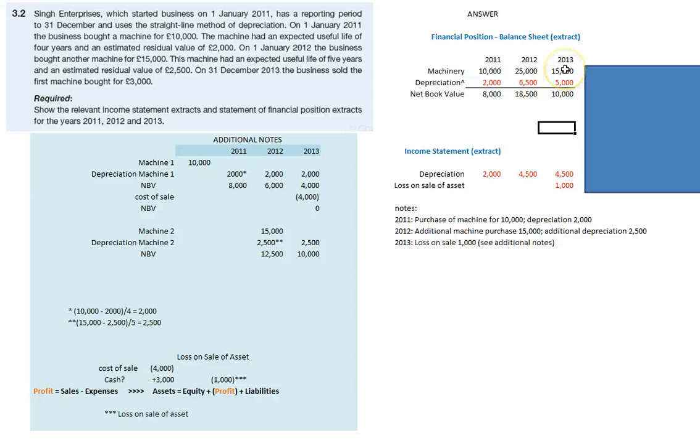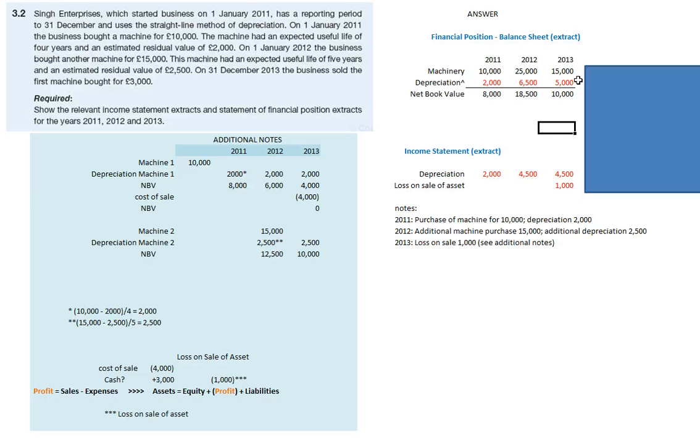What have we got at the end of 2013? We have our machine 2 at 15,000, and we have the depreciation on machine 2. We've got rid of machine 1. So we've got rid of the 10,000. We've got rid of the 6,000 that was in there as the accumulated depreciation.